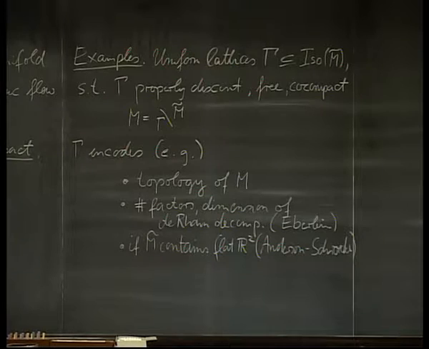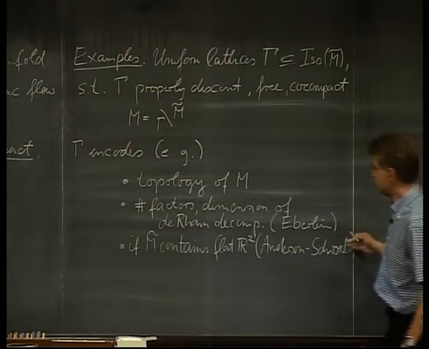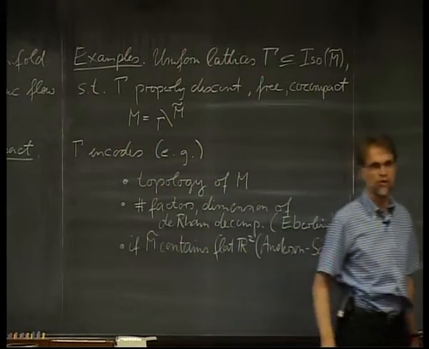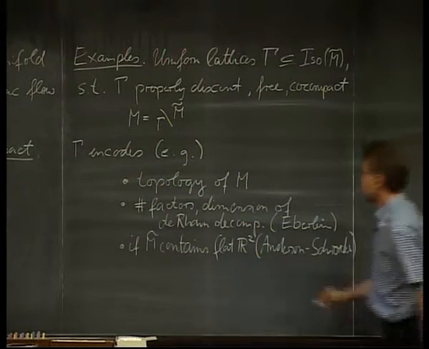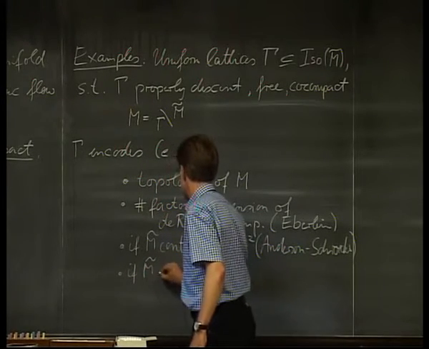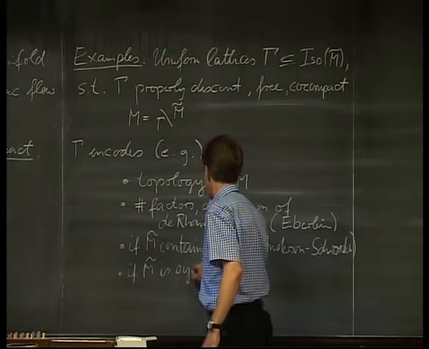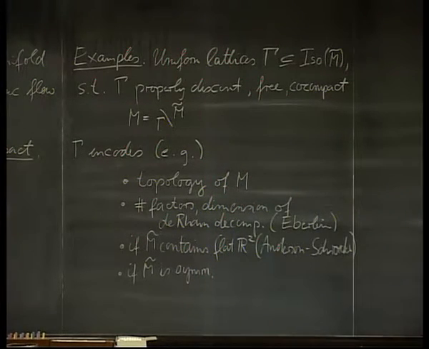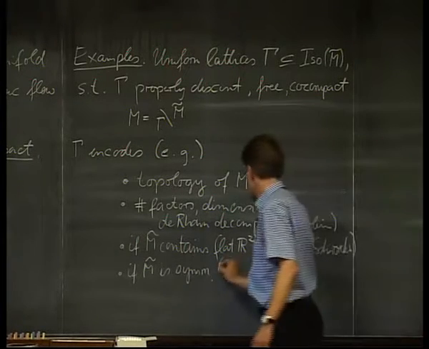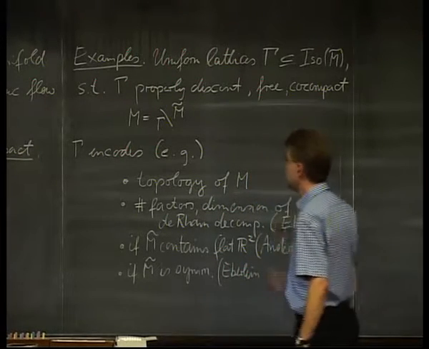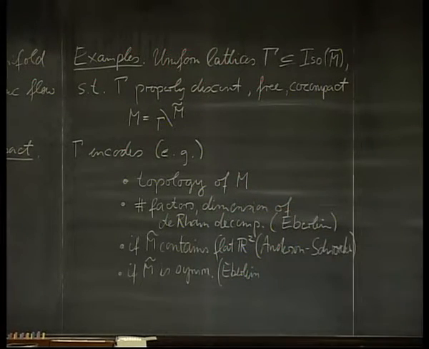This can be easily described: it happens if and only if gamma is not a Gromov hyperbolic group. Or gamma encodes if M tilde is a symmetric space of non-compact type. So in the reducible case, this was proved by Eberlein for irreducible such uniform lattices.